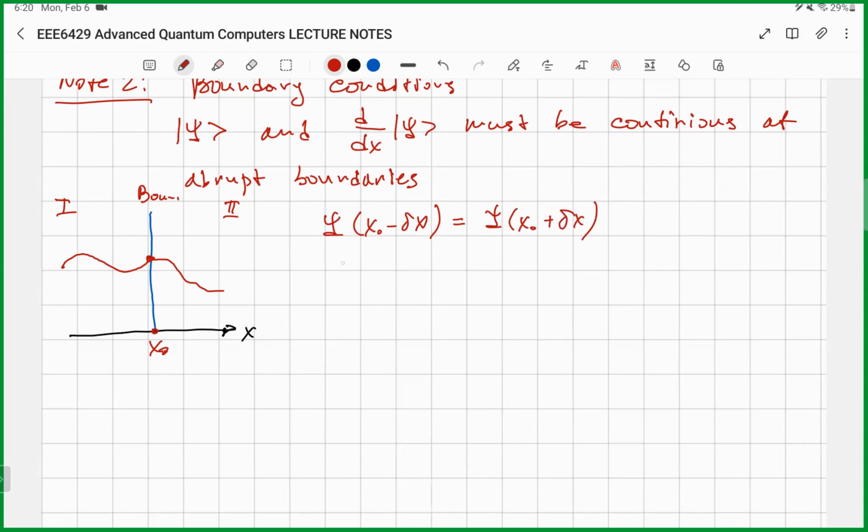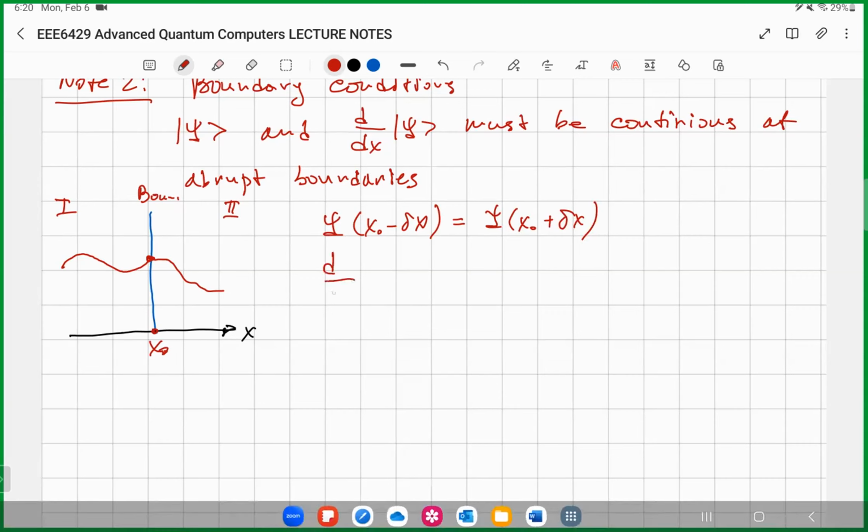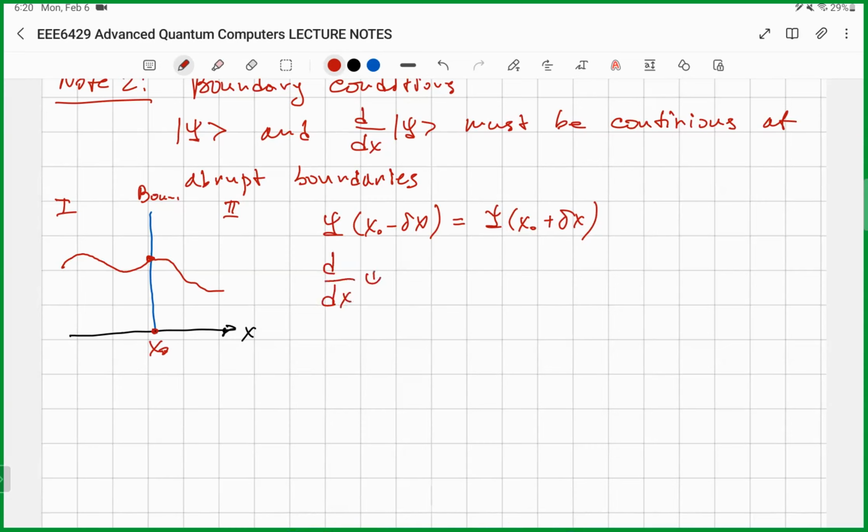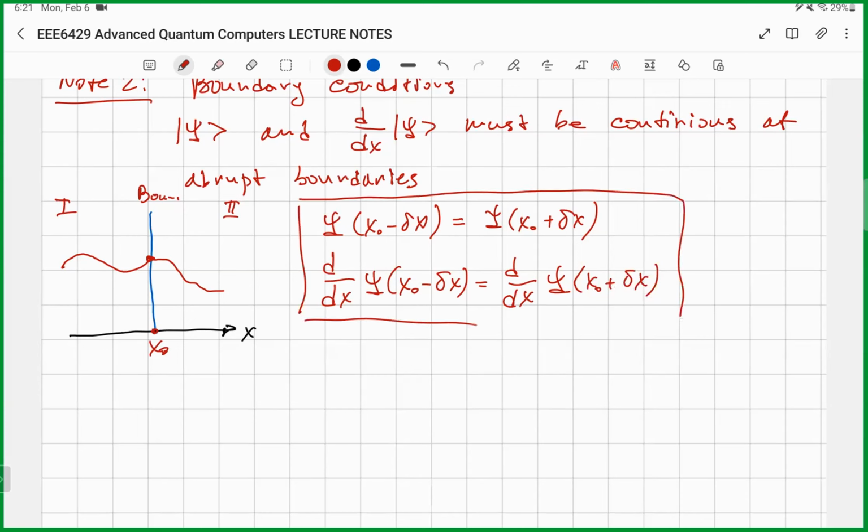And the same way for the derivative d/dx of psi at x sub 0 minus delta x must be equal to that at x sub 0 plus delta x, for delta x very small, going to 0. For vanishing delta x.